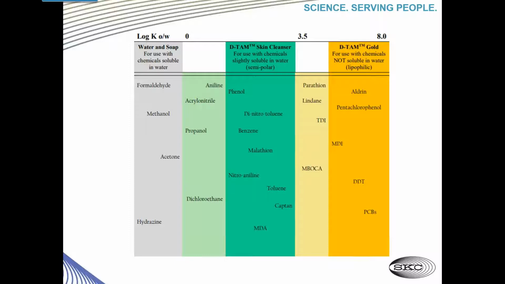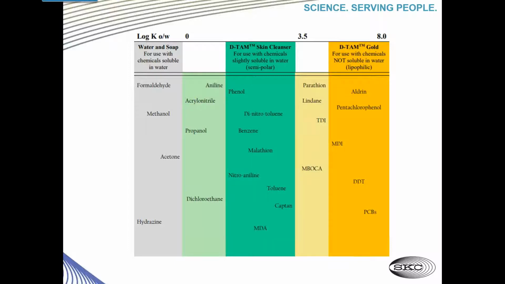The chart here shows the log KOW, which is the partition coefficient of chemicals. In other words, it determines how lipophilic a chemical is versus how soluble it is in water. The higher the number, the more lipophilic the chemical is. The lower the number, the more soluble with water it is.